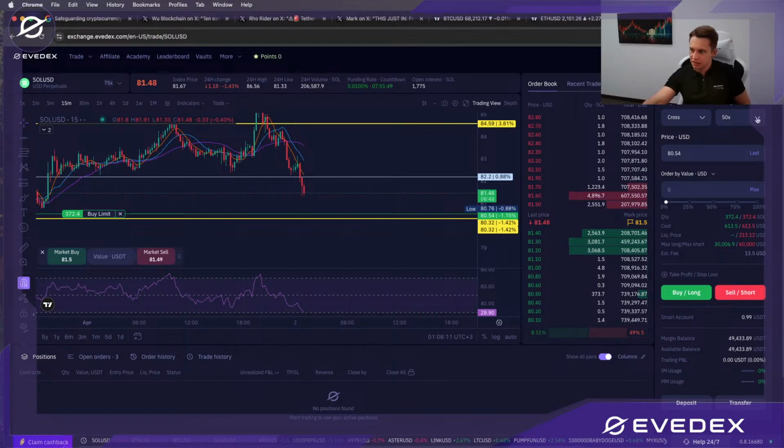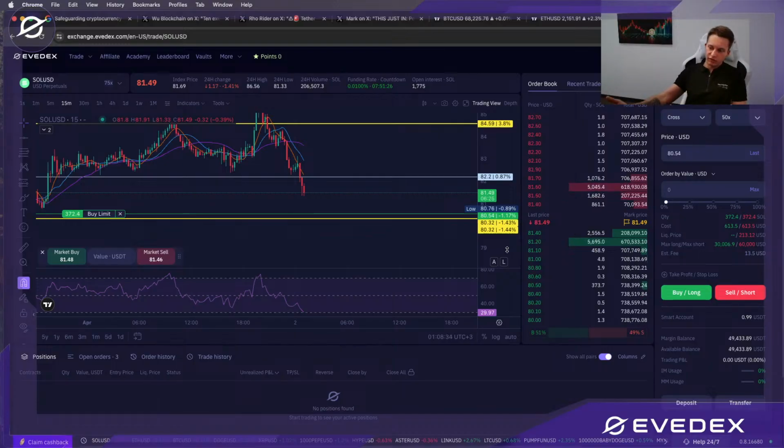So my desired level is 80.54. So when this price continues to come bearish and gets to that level, that order will then be opened for a long position.